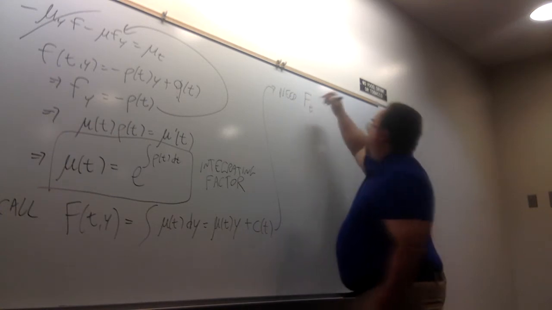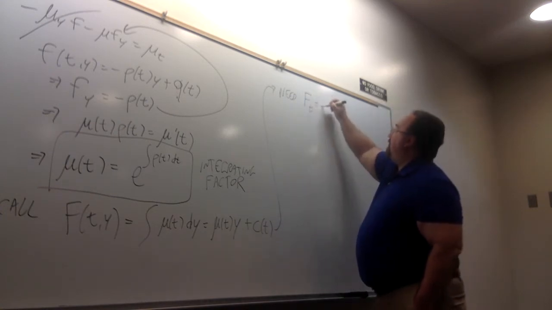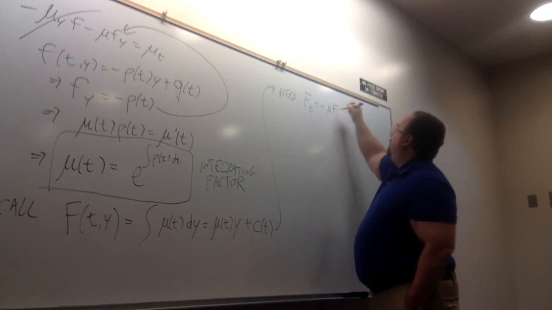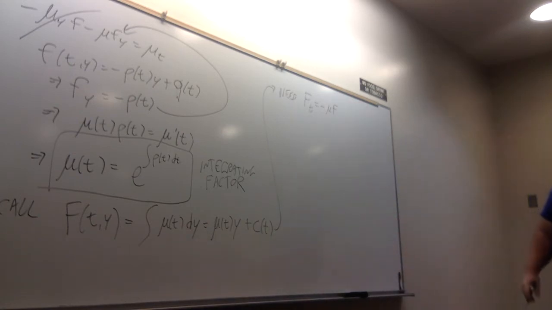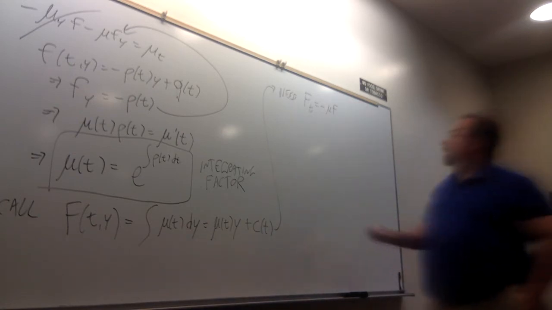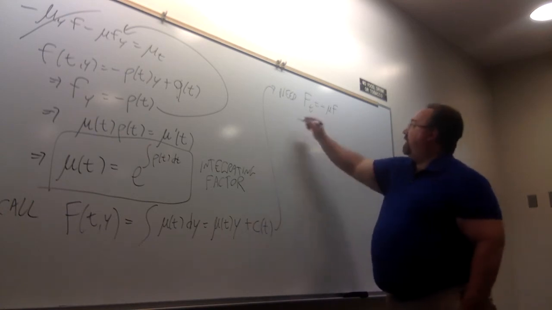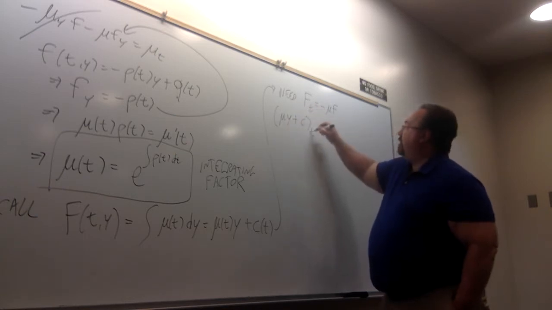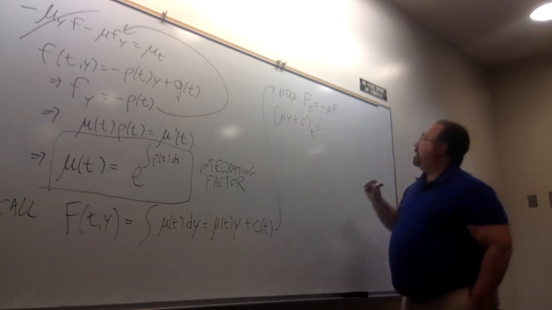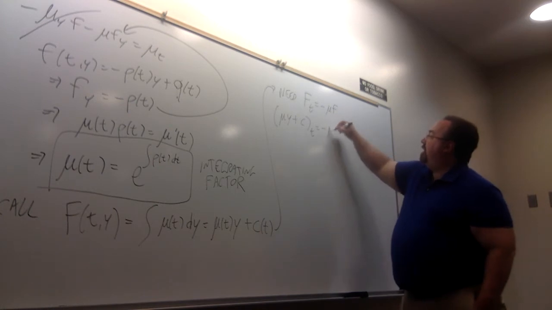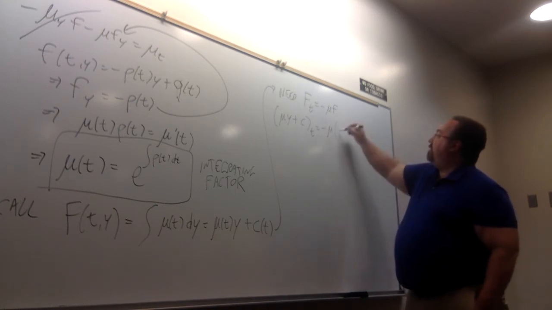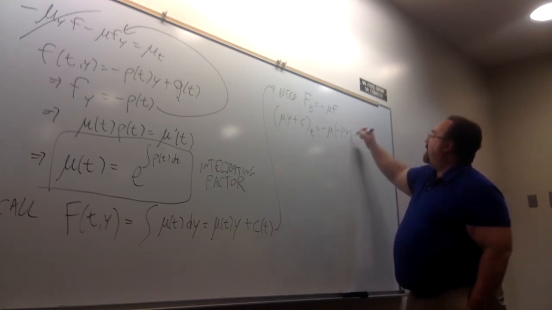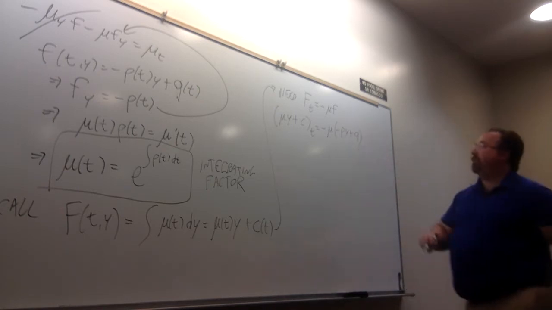Derivative of capital F with respect to t must be equal to minus mu f. So I'll fill this in. So mu y plus c, derivative with respect to t, must be equal to minus mu times f, which is minus p y plus q.